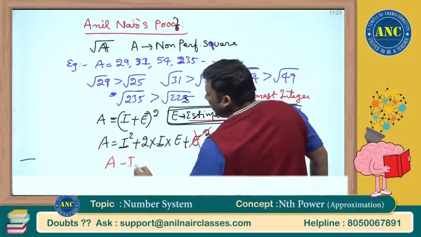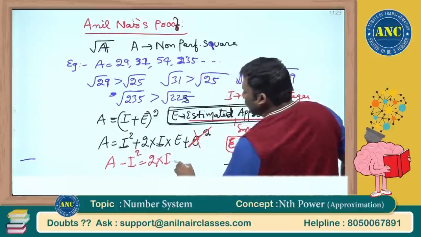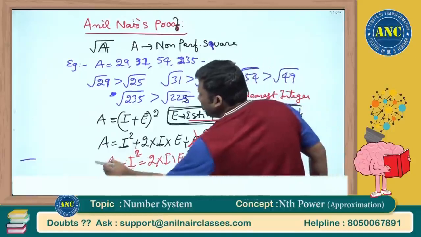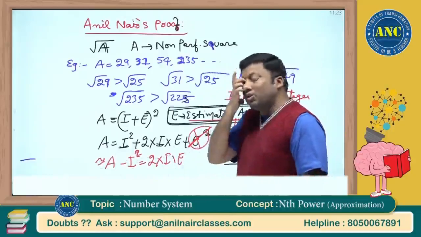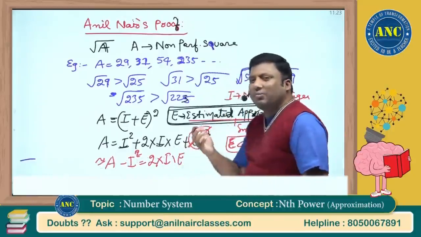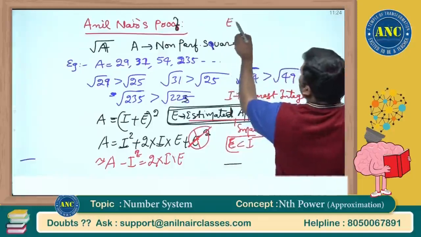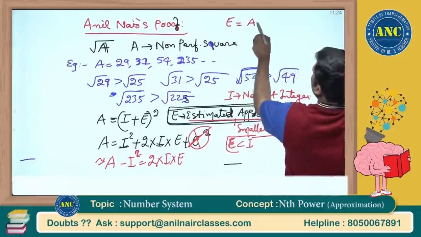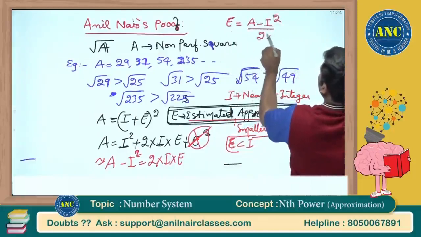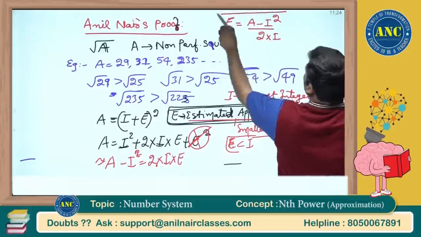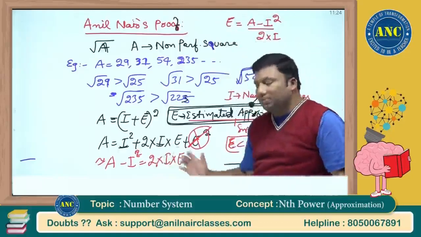A minus I square is equivalent to 2 into I into E. Approximated, because E is a very small value, point something whole square. This value's addition will make a very, very nominal difference. That means E is nothing but A minus I square divided by 2 into I. I hope the concept is clear.